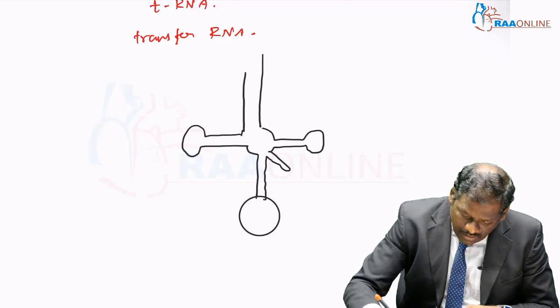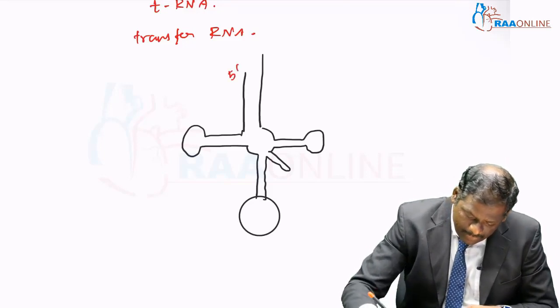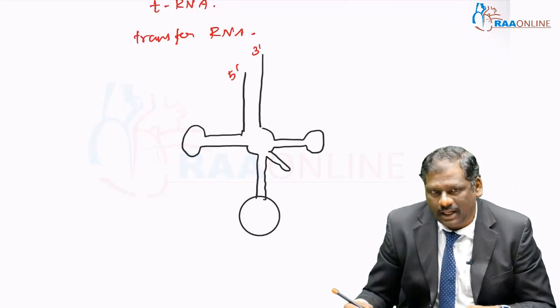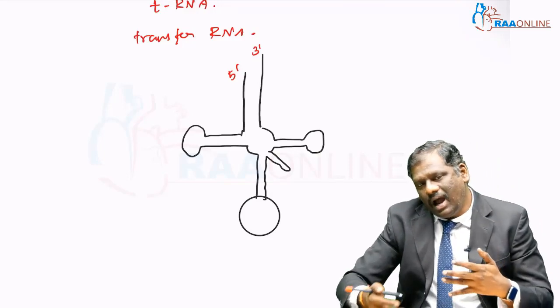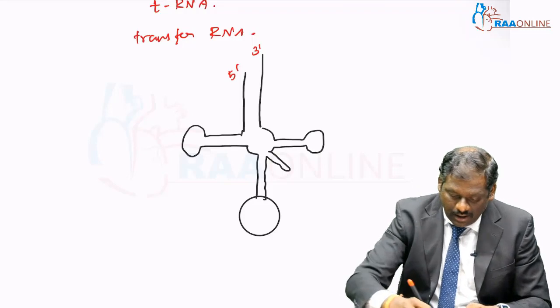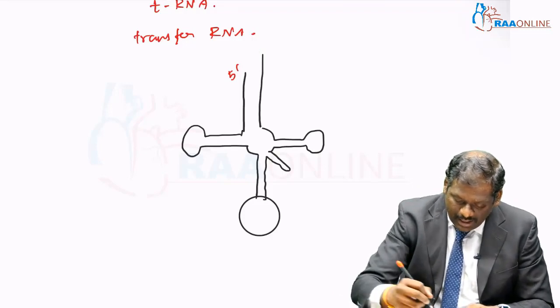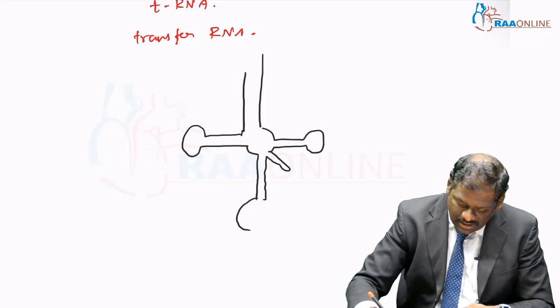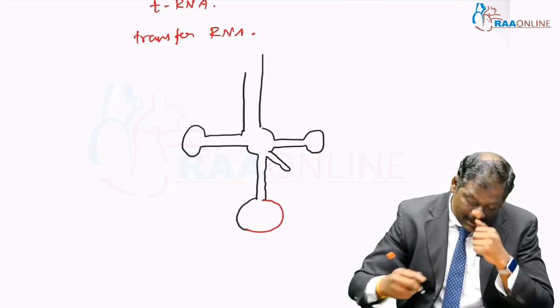So this will be your 5' end, and this will be your 3' end. This transfer RNA is an RNA molecule and it has undergone an extensive number of modifications to appear like this.